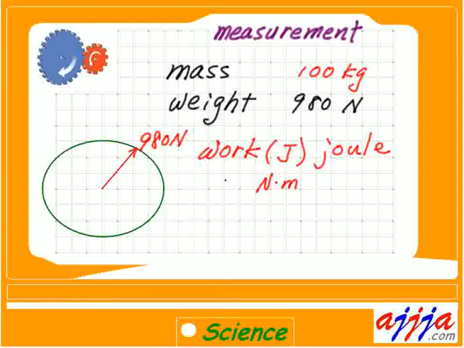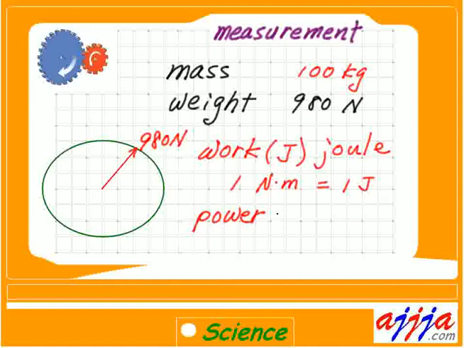If you move 1 newton of weight 1 meter, we call that 1 joule. Even if you have a lot of work, 100 joules, 1,000 joules, whatever, the question is how long you take to do it, how many seconds.